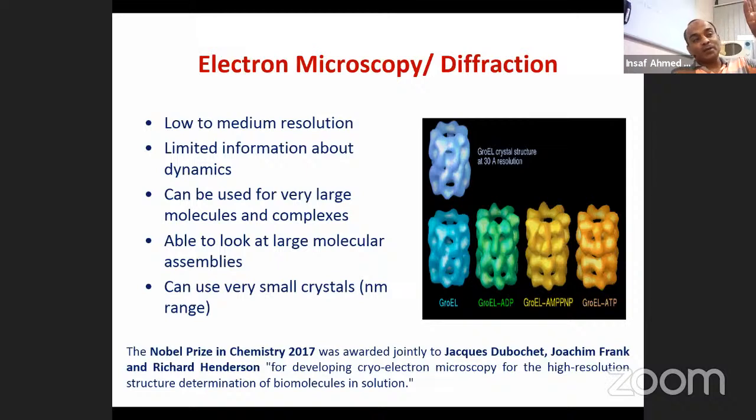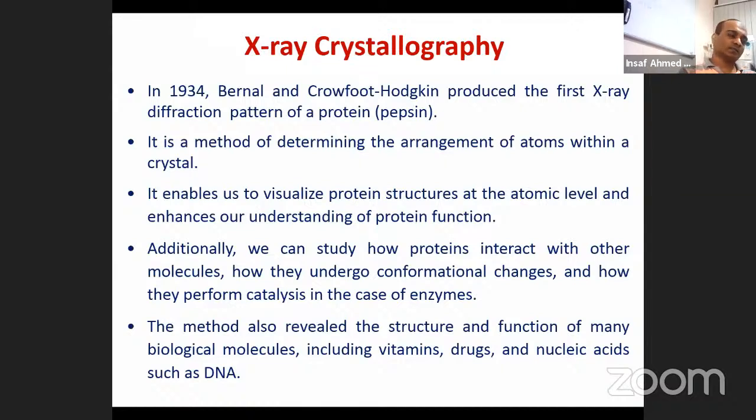But in NMR, because we are performing at the solution level, you will get a lot of information. This is good for large molecules and complexes, and it provides insight about large molecular assemblies. It can also be used with very small crystals.